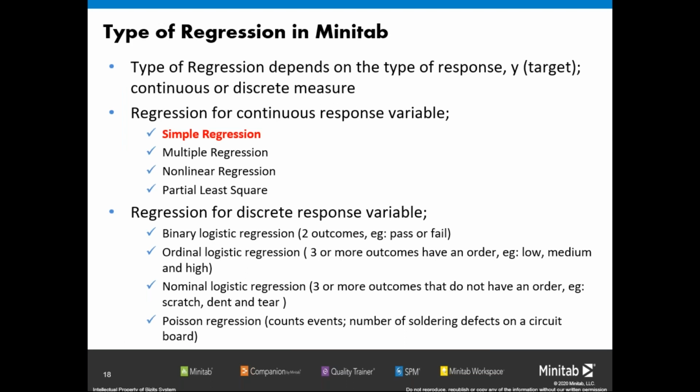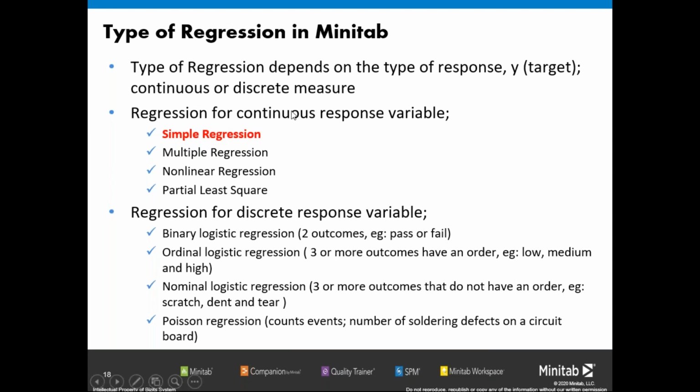In regression, we have many types, but it depends on the type of your response, your y or your target, whether it's a continuous or discrete measure. Continuous means your y is a numerical number, let's say weight or length.